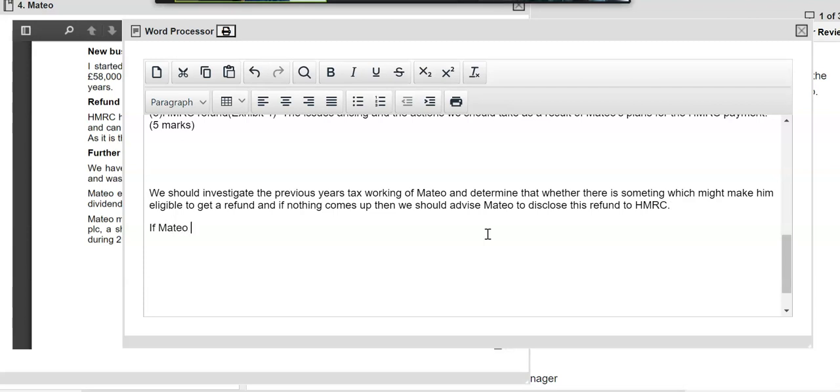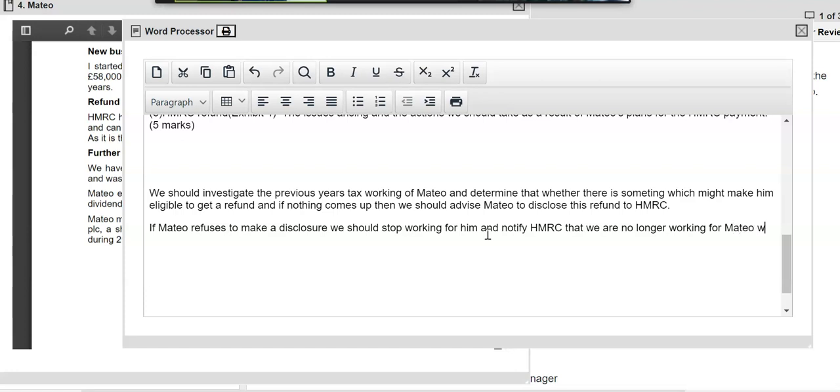If Matthew refuses to make a disclosure, we should stop working for him and notify HMRC that we are no longer working for Matthew without giving the reason why.